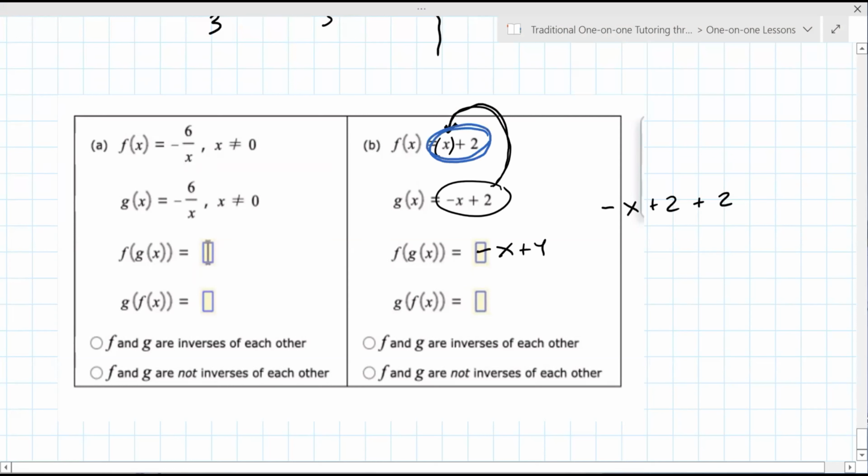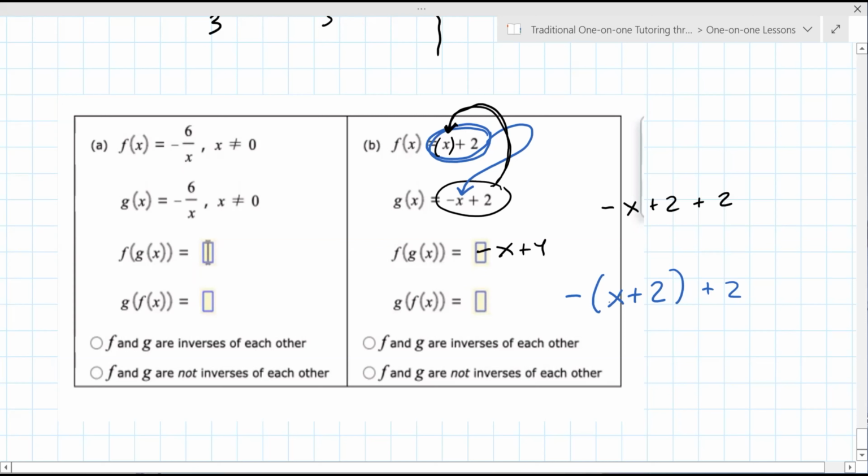For the other one though, it's a little bit more difficult, but you're taking that top x plus 2 and plugging it in for x now. Be careful that you're negating everything that you're substituting in for x. I got a little stuck.